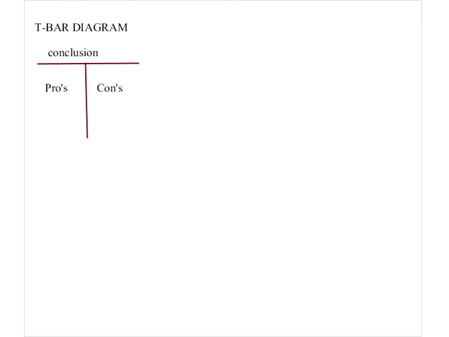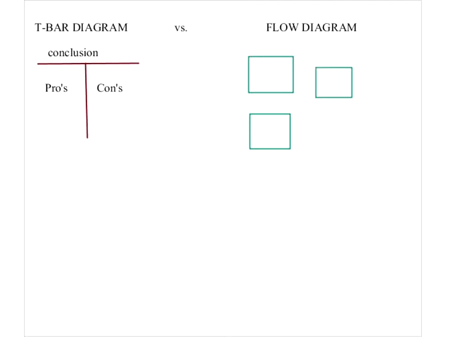Versus a flow diagram, which has all these box things going on, where you might have arrows, and then maybe two arrows pointing over here, and this is some argument over there, and this is some counterargument.